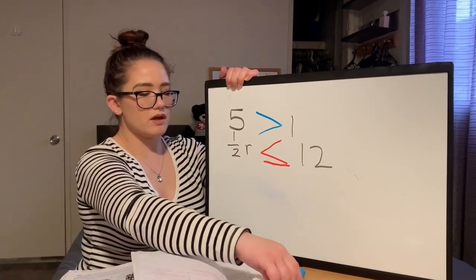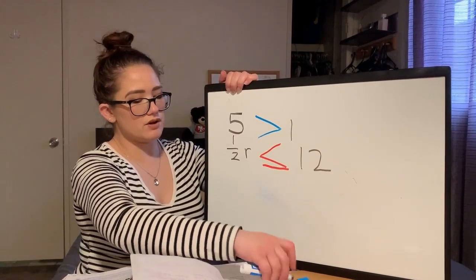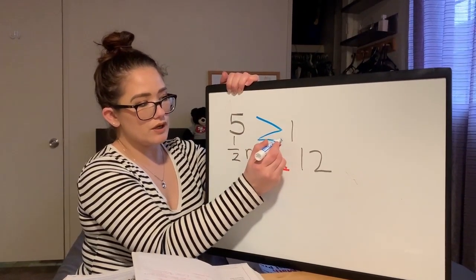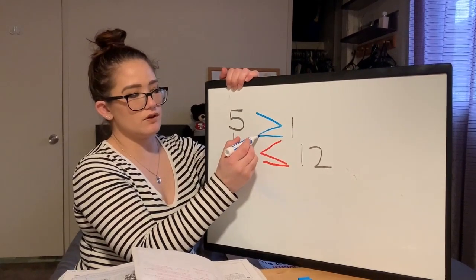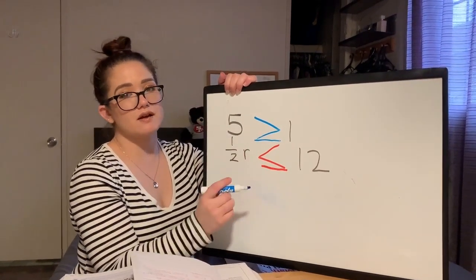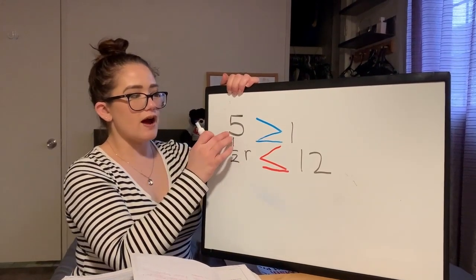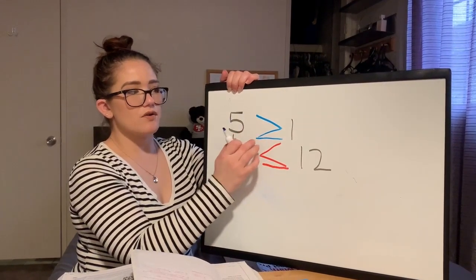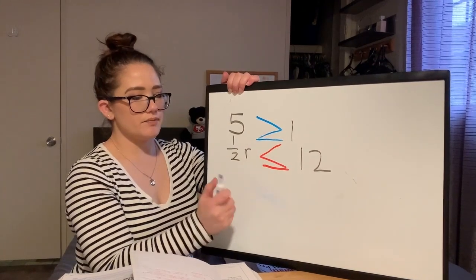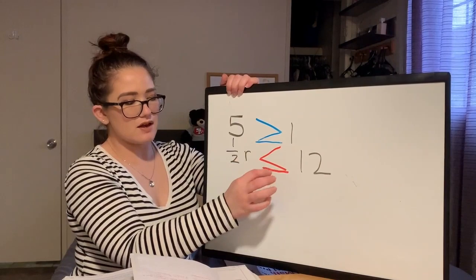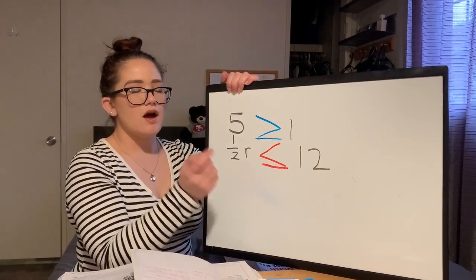Same thing for the greater than symbol, greater than or equal to, and we add this little half of the equal sign on the bottom of that inequality sign. So this reads 5 is greater than or equal to 1. Okay, and then 1/2 r is less than or equal to 12.